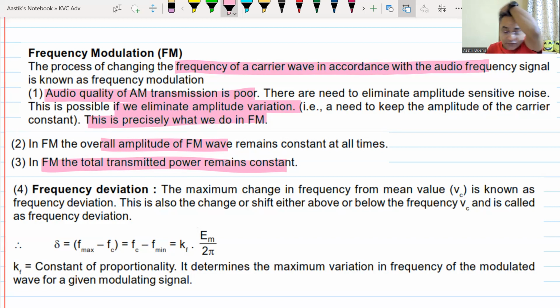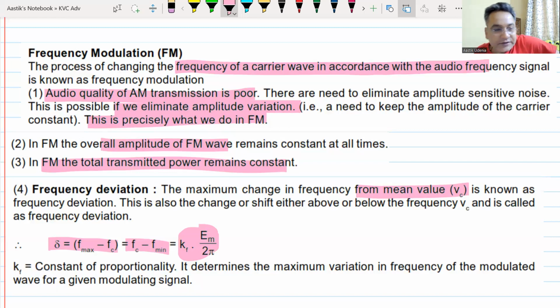Now the frequency is varied. There is a mean frequency FC. The deviation between the maximum and the mean, and I will show you with a diagram in the next class or on the next sheet, or between the minimum value and FC, is known as your frequency deviation.